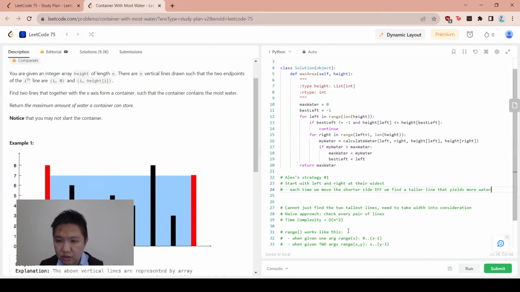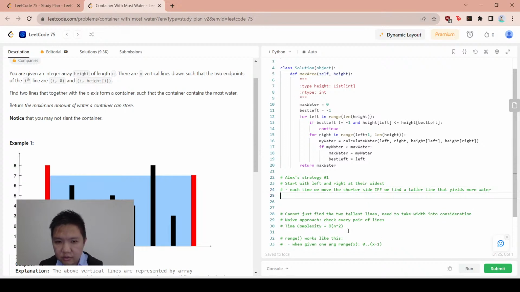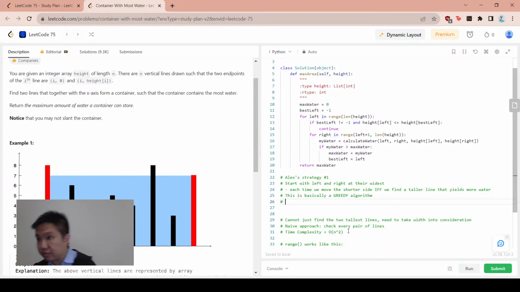use more water. Okay? So basically our algorithm only upgrades. This is basically a greedy algorithm. A greedy algorithm only upgrades its current solution.